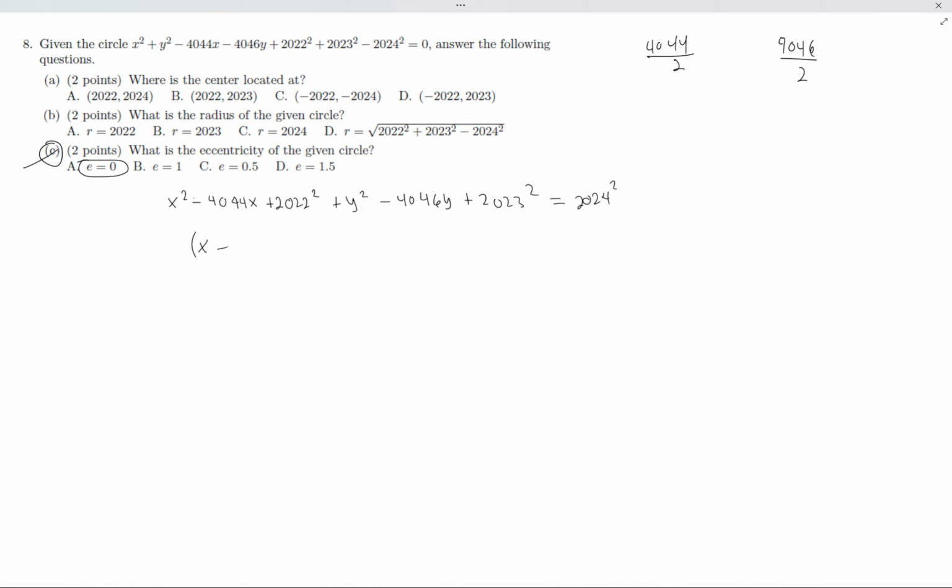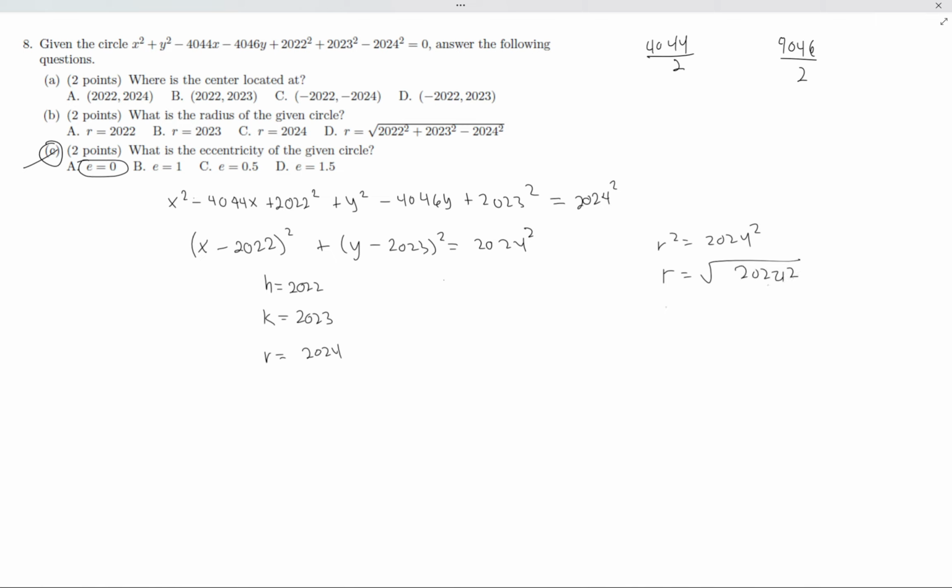So this will now become (x minus 2022) squared plus (y minus 2023) squared is equal to 2024 squared. Okay, now looking at this, we have an idea where the center is. We know that h is equal to positive 2022 and k is positive 2023. And we know that the radius must be 2024. Again, r squared is 2024 squared, so therefore, r must just be the square root of that.